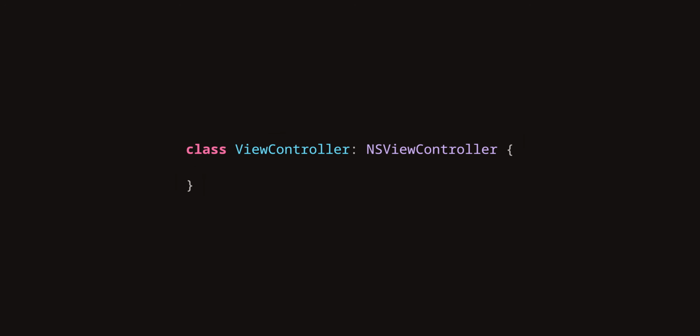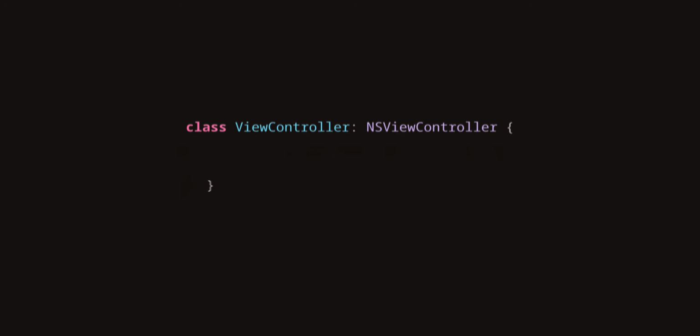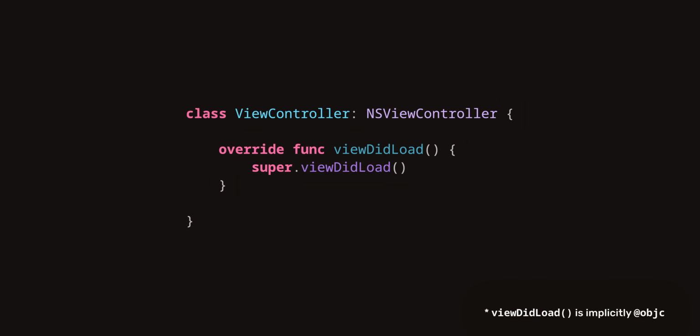Consider this illustration. NSObject comes from Objective-C, and because of that, it uses message dispatch by default. So does NSViewController, which is an NSObject subclass. When the AppKit framework displays the viewController, it calls the viewDidLoad method, and this method calls its superclass's implementation. These two actions interact with the Objective-C runtime directly, and because of that, both use message dispatch.